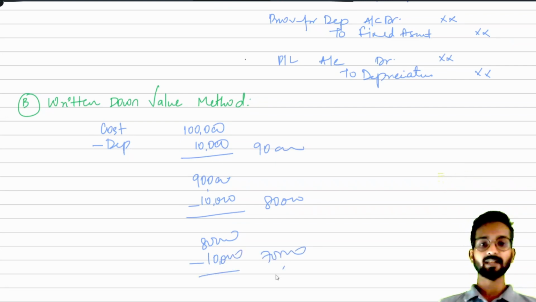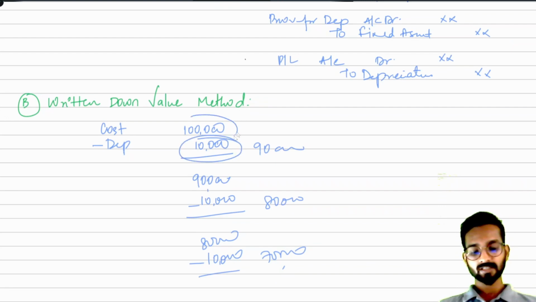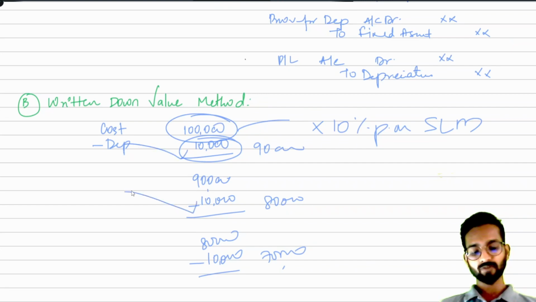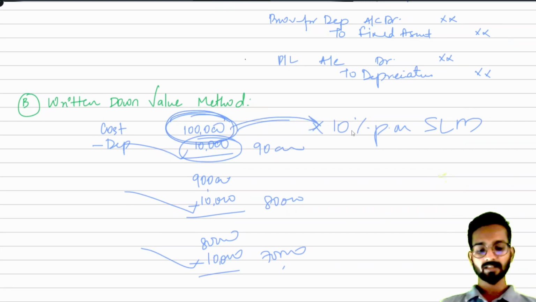This is a straight line method when the depreciation is charged every year on the same amount. What is the cost? 1 lakh. So you will charge 10% per annum on straight line method. So on straight line method means every year the depreciation amount will be same, 10,000, 10,000, 10,000. How? Because the cost is 1 lakh, you charge 10% of that, that is 10,000. Every year 10,000 we are charging.